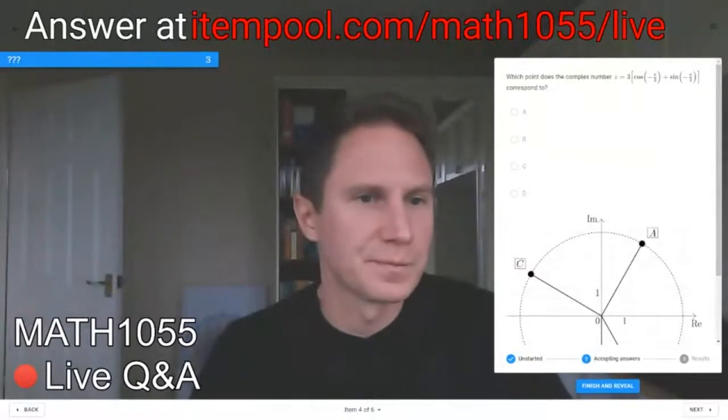Now, this problem is about the polar form of complex numbers. So the question is, which point does the complex number z equals 3 times the cosine of minus pi over 3 plus, yeah, there is a typo. I just discovered the typo. There should be an I in front of the sine of minus pi over 3.